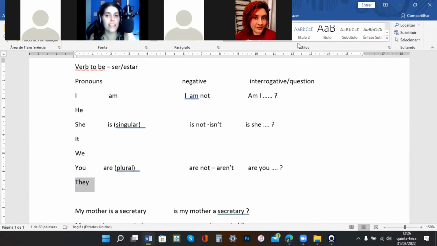Não sei se vocês conseguem ver a minha imagem, né? They. Ah, so much better now, your pronunciation. Now, people, the verb.